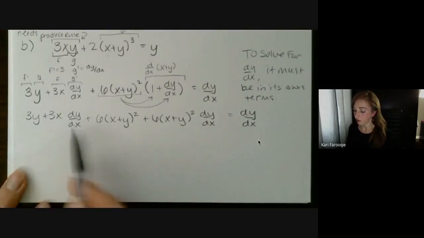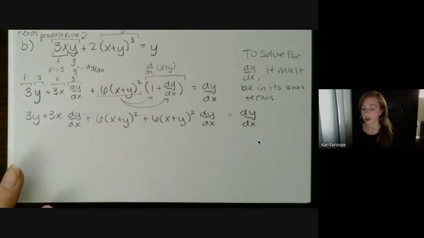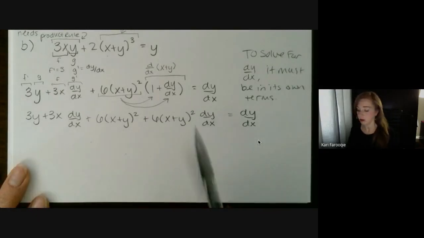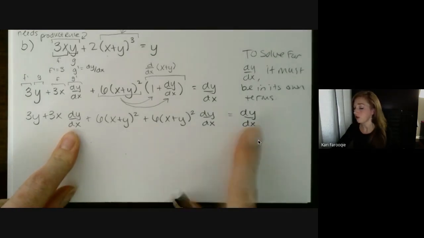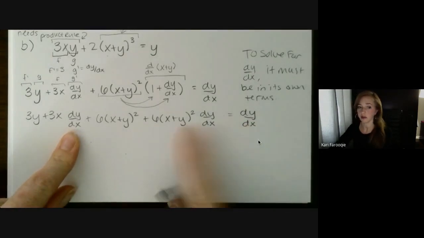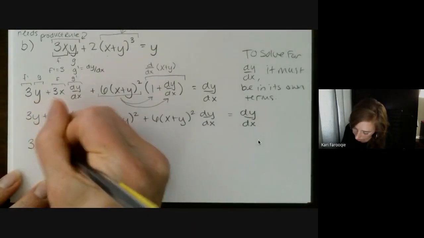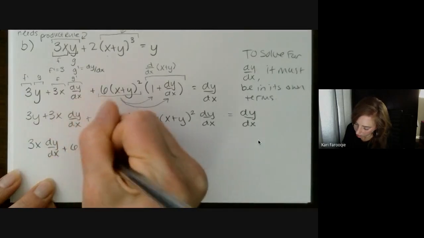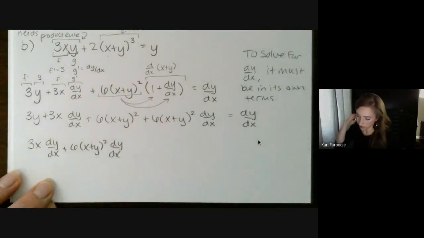But now that you have separate terms, some of them have dy dx's, some of them don't, you decide where you want them to go. What I tend to do is any side that has more dy dx's, I leave it on that side. So the left-hand side has 2 of them, I'm going to leave them there. So that means that this one from the right-hand side is going to come over. So I'm going to have 3x dy dx plus 6 times x plus y quantity squared dy dx.